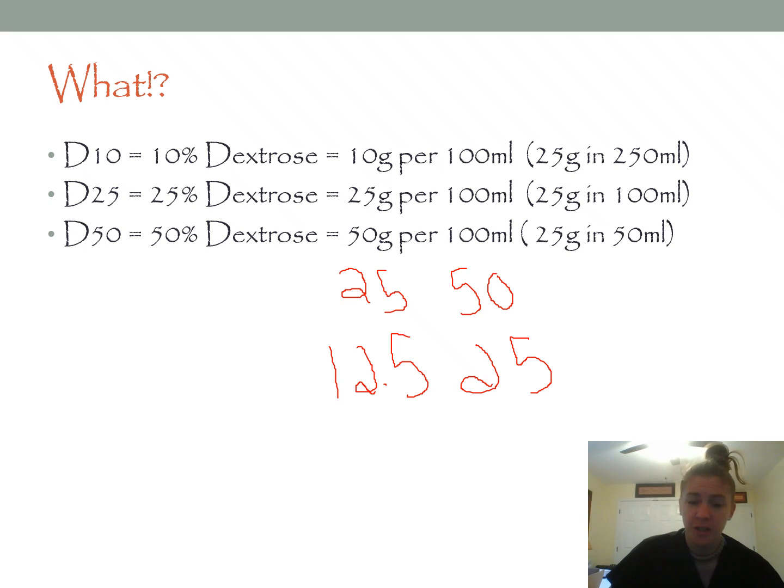So with D50, 50 grams per 100 milliliters, if you divide 50 by 5, you come up with 10 grams. If you divide 100 by 5, you come up with, what is it? 20 milliliters. So there's lots of different ways that you can break this down in a much easier fashion.